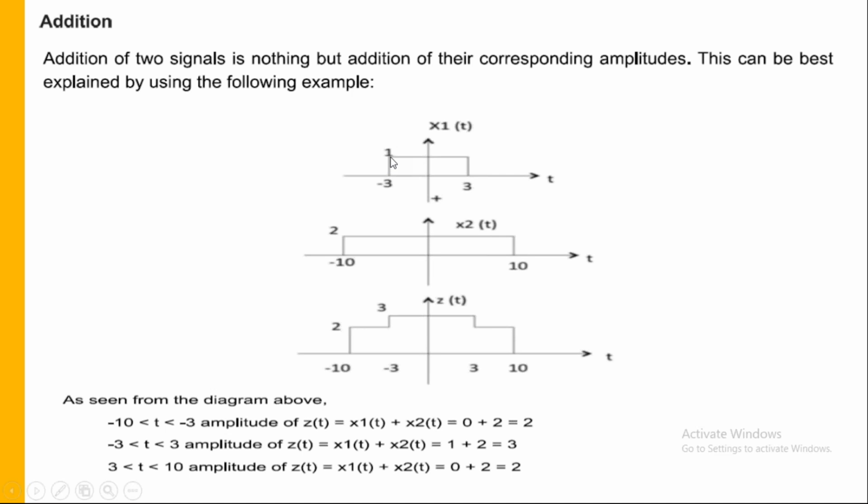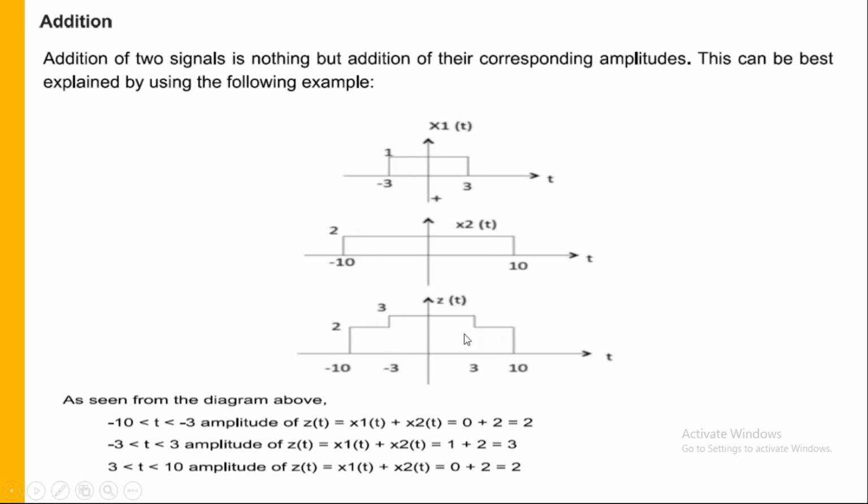Just draw dotted lines from -3 to 3. x1 of t does not exist from -3 to -10, and similarly it does not exist from 3 to 10. It exists only from -3 to 3 with an amplitude of 1, whereas x2 of t exists from -10 to 10 with an amplitude of 2. So when you add, in the portion from -10 to -3, since x1 of t is not there, only this amplitude will come.